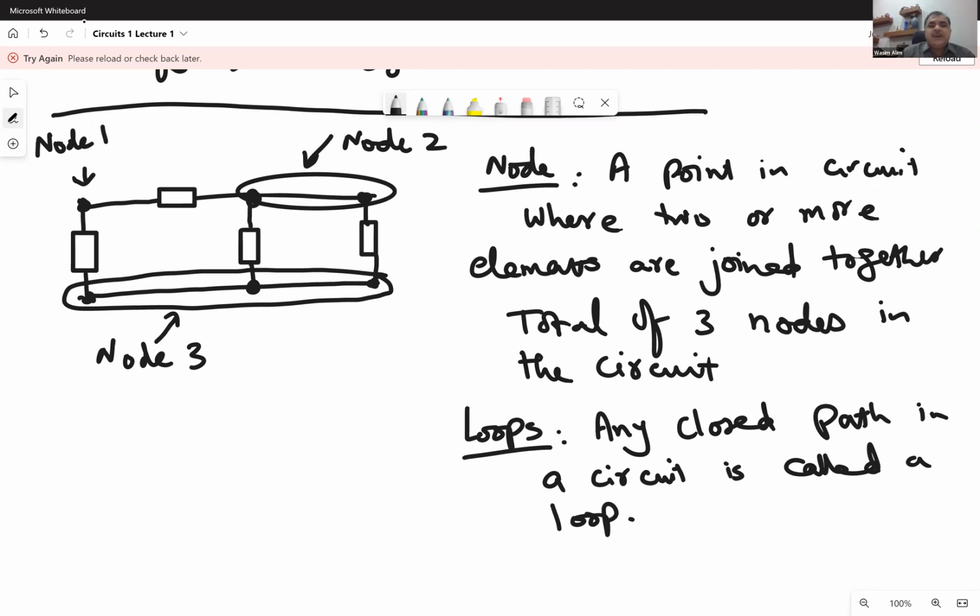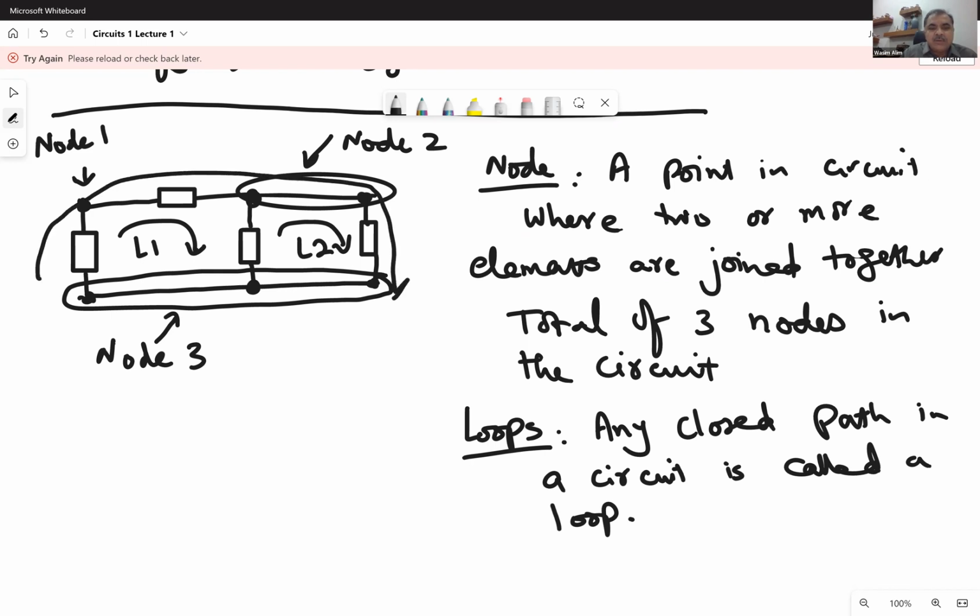So in this case, we have this loop here, another loop here, and then of course there's the outer loop as well that combines the two.